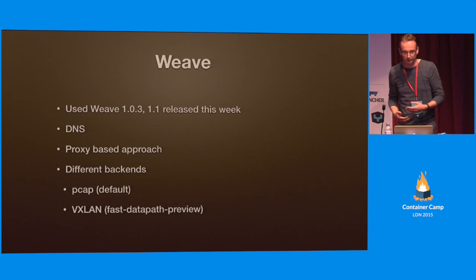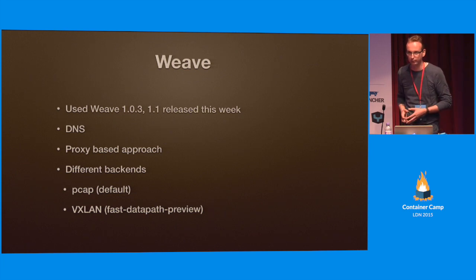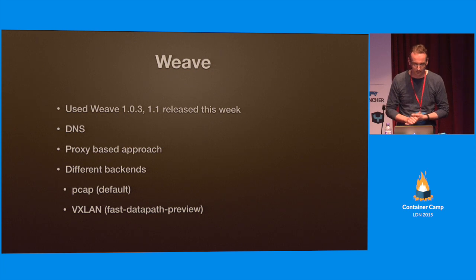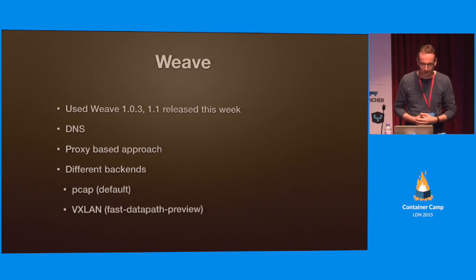For this demo, I used the 1.0 release of Weave. 1.1 was released earlier this week. I haven't had the time to see if it makes any difference. Like I already said, it provides other functionality like DNS, and it's based around a proxy.